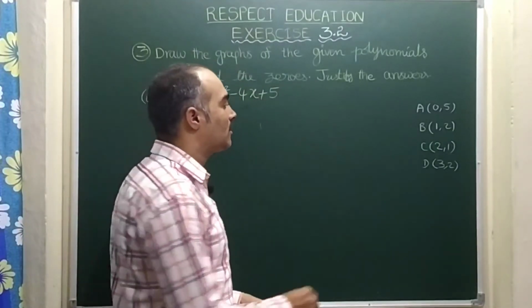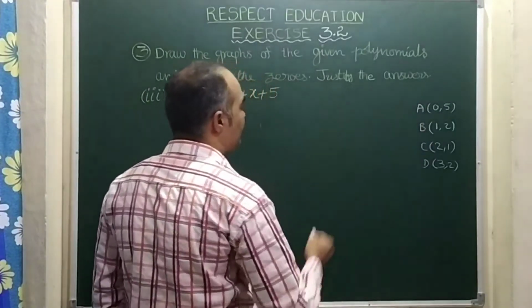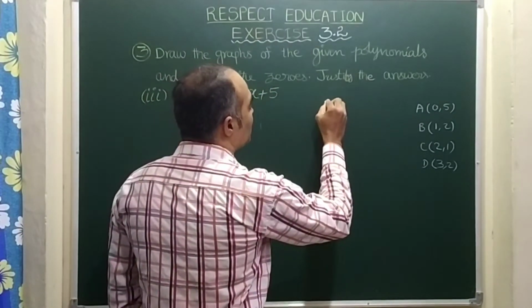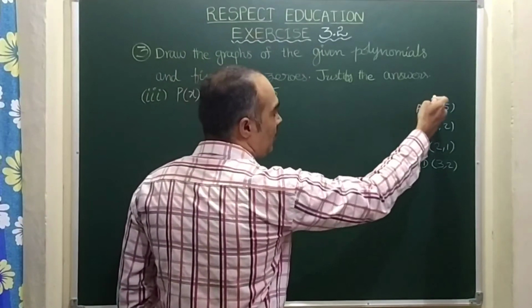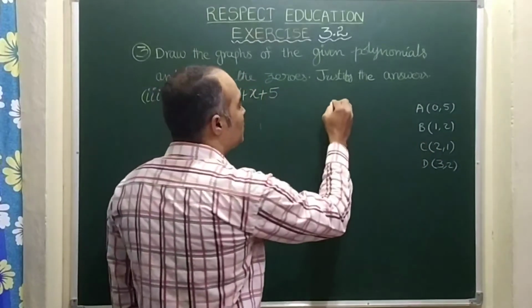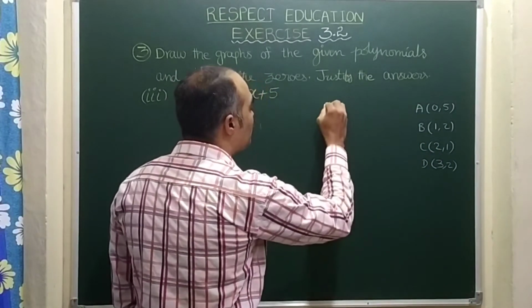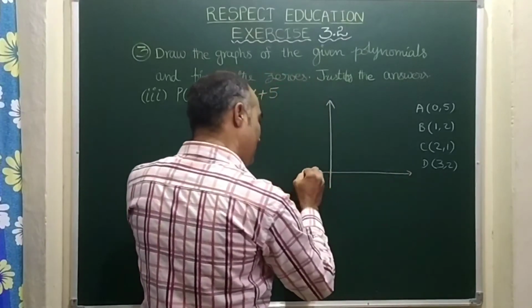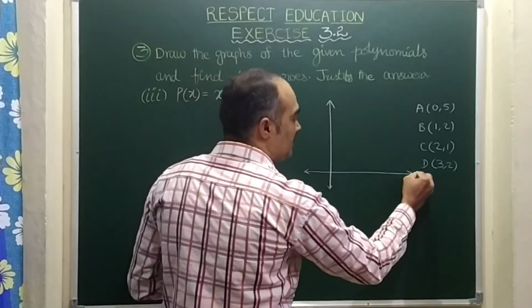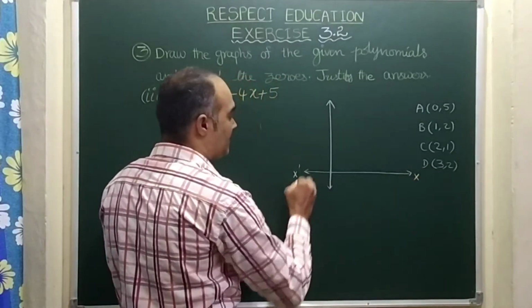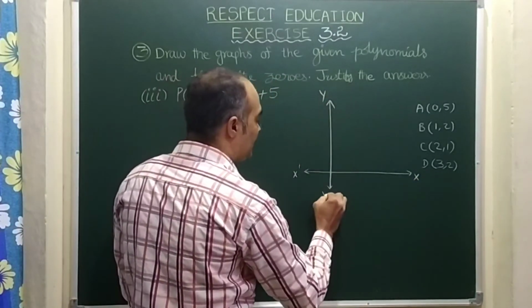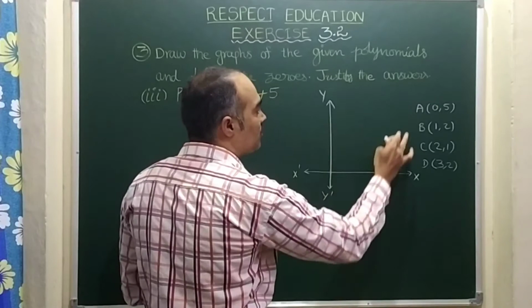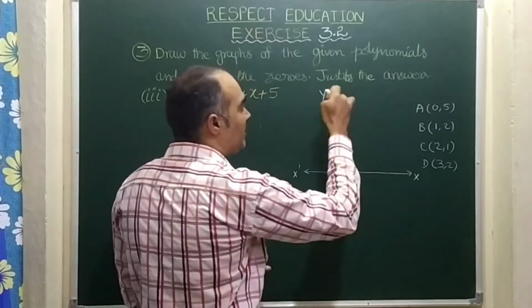Now let us plot the graph by using these points. As all the points are positive, we can take the positive quadrant to get more space. Here, this is x, this is x dash, this is y, this is y dash, where in this portion x is positive and y is positive.